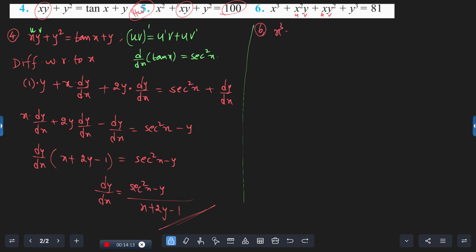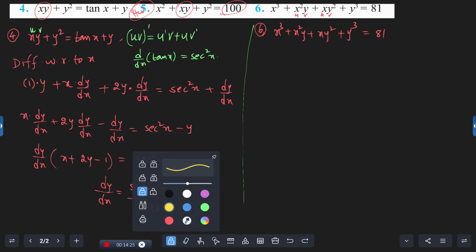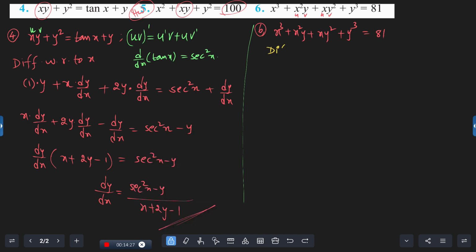x cube plus x square y plus x y square plus y cube, which is equal to 81. Now I'm going to differentiate this on both sides, with respect to x. What about x cube?